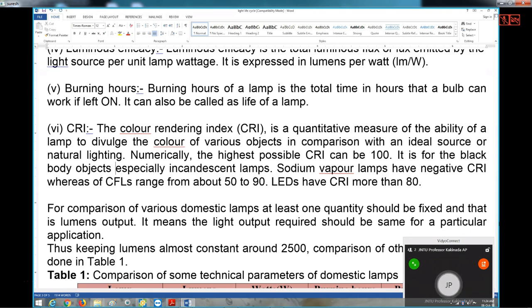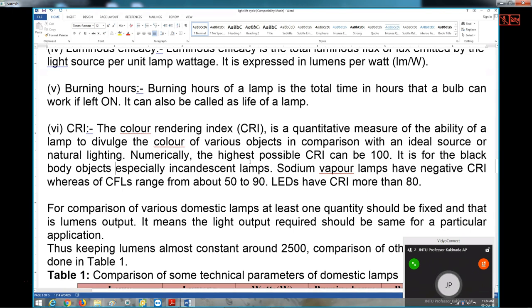Below a mercury vapor lamp, it shows a white light along with a mixture of green and blue. Likewise, the color rendering index plays an important role in deriving the total color index.